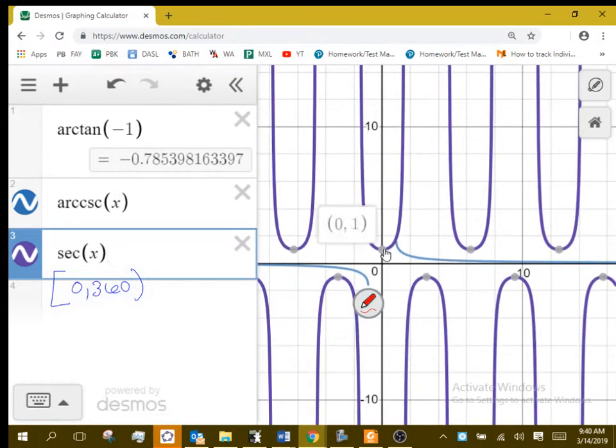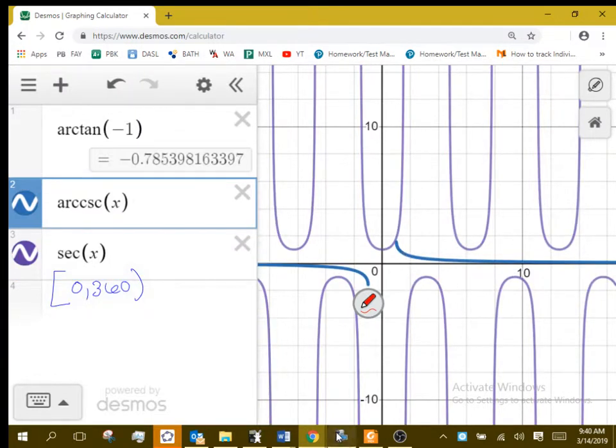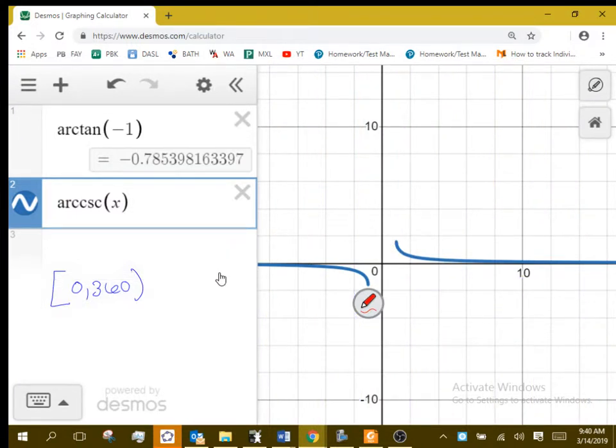But if I were to look at just kind of from here and there, that is going to be one iteration of the secant function to where we pass the horizontal line test, right? And then if I reflect that, then I should end up getting that curve. So the same relationships exist about reflecting across the line y equals x and all that kind of stuff.